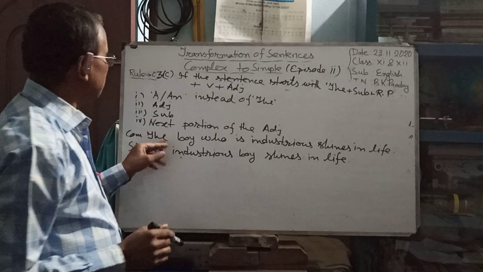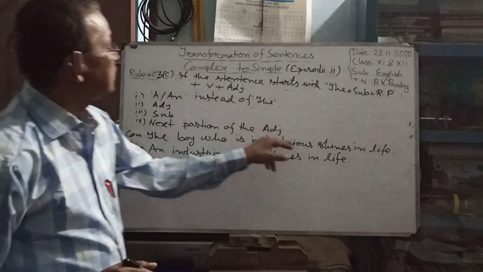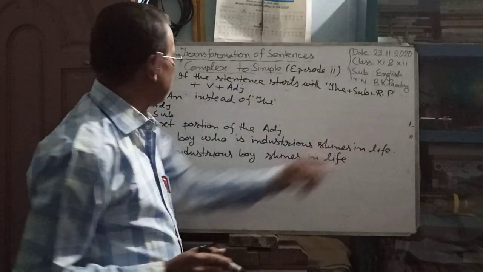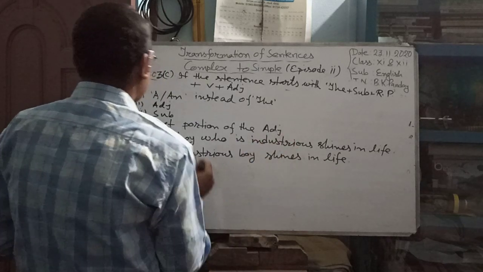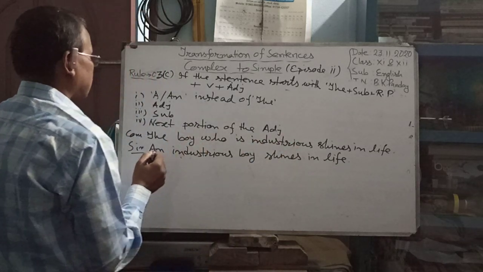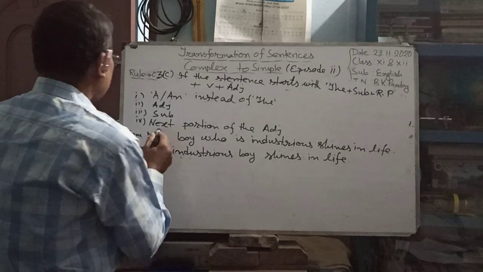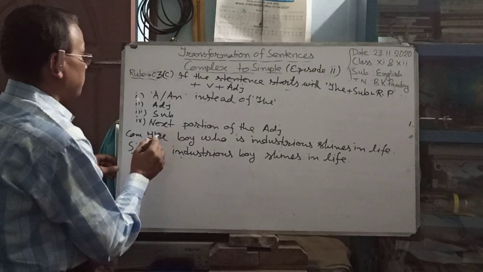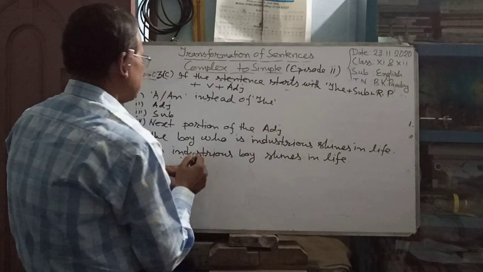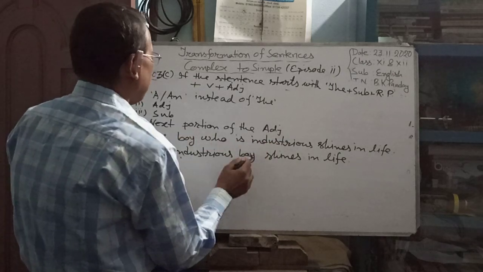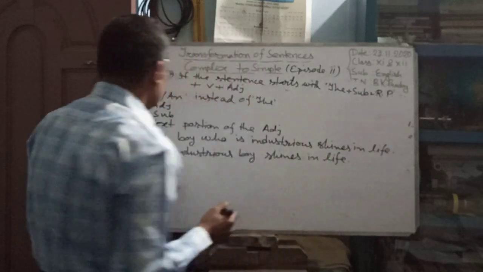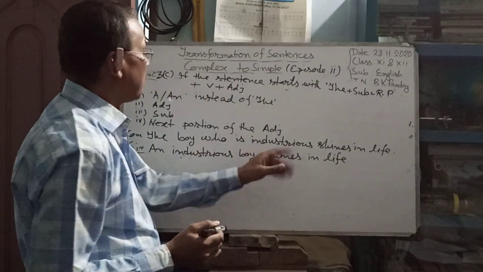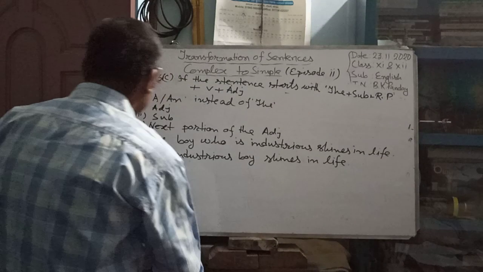For example, the boy which is industrious shines in light. Here industrious is adjective and subject is the boy. Here I have to write an instead of the, then industrious, then boy, and last of all shines in light. So this sentence is an industrious boy shines in light.